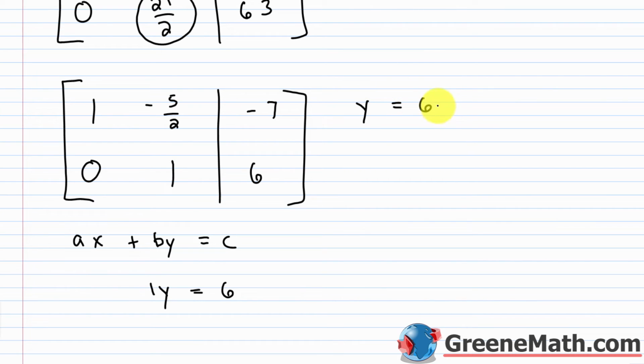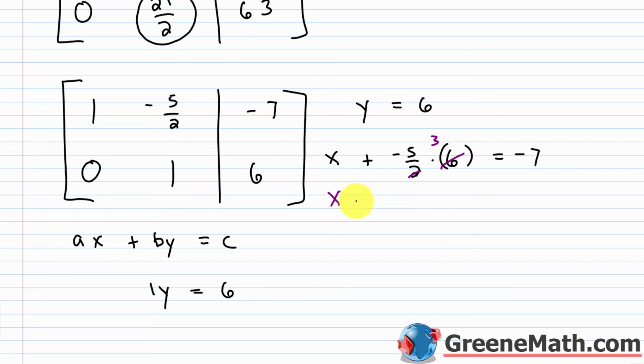Now I can take this information and plug it in here. For this guy right here, I have that 1x, or just x, plus negative 5 halves times y, which is 6, is equal to negative 7. So if I do a little bit of math here, 6 divided by 2 is 3. Negative 5 times 3 is negative 15.